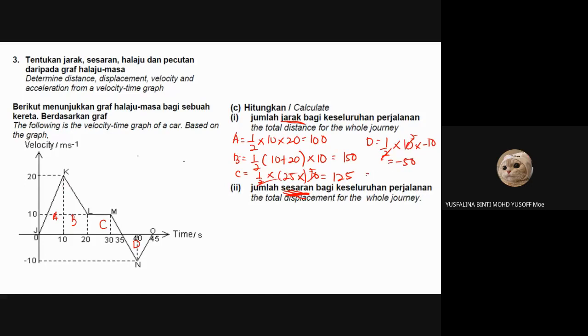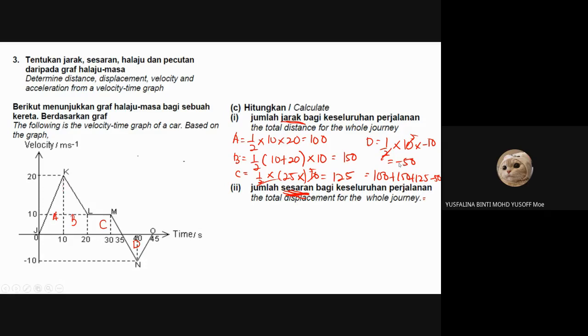Then what you have to do is add all the values here. Did you get the same answer? 100 plus 150 plus 125 minus 50. Wait, for distance you don't ignore... you ignore the negative.